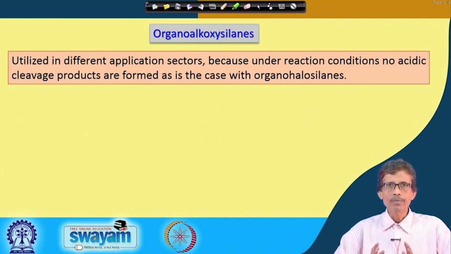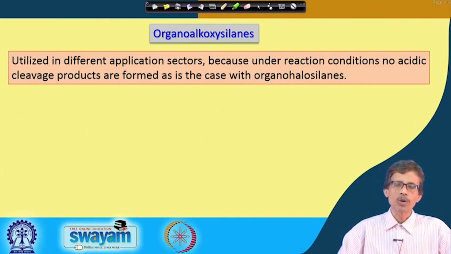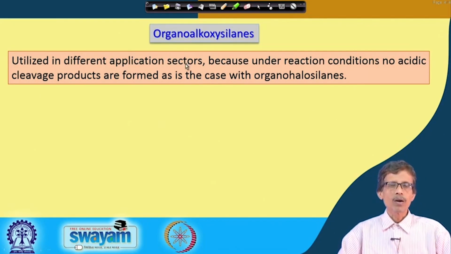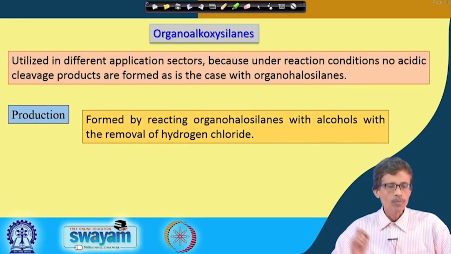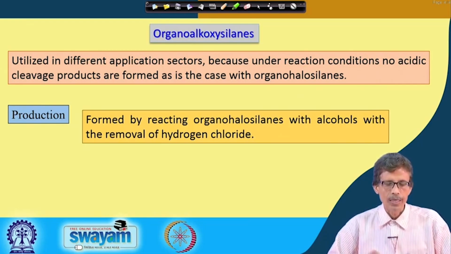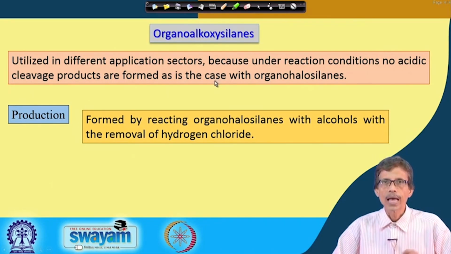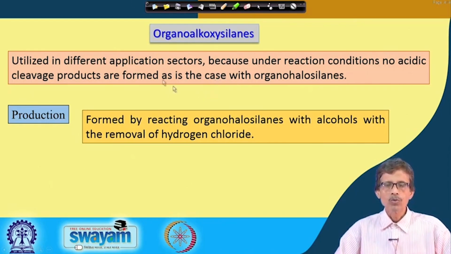It is a little bit different compared to the preparation of organohalosilanes. Organoalkoxysilanes are produced by reacting organohalosilanes, because your starting material is organohalosilanes, with alcohols, with the removal of hydrogen chloride.